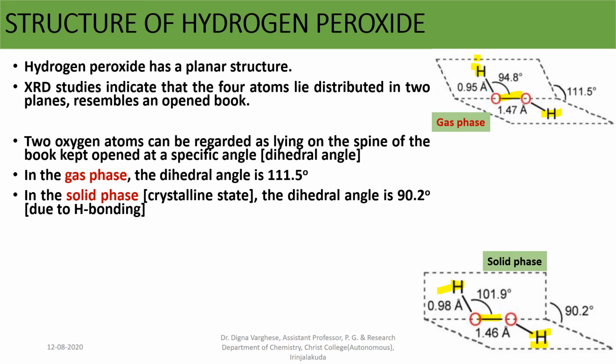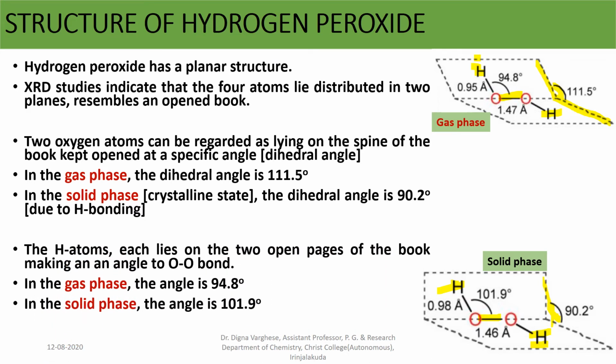In the gas phase, the two oxygen atoms lie on the spine of the book, kept open at a specific angle, that is the dihedral angle. In the gas phase it is shown as 111.5 degree, and in the solid phase the dihedral angle is about 90.2 degree.